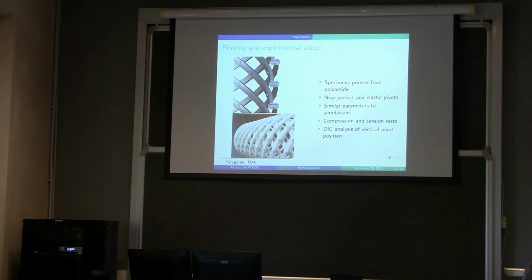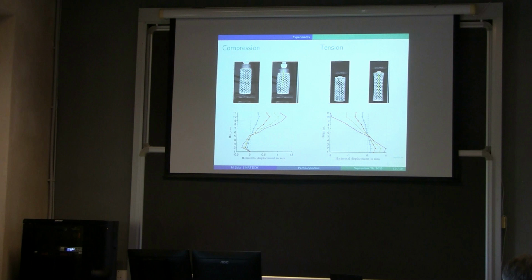So far, we have compression and tension test results, and they used some DIC analysis of the vertical pivot positions to show this chirality. The results agree with what we see in simulations. We see these S shapes, so we see a clear chiral behavior.